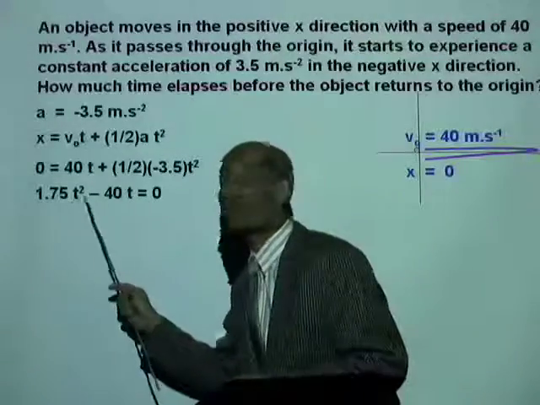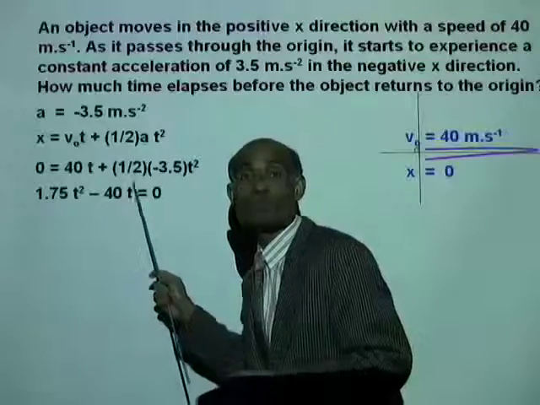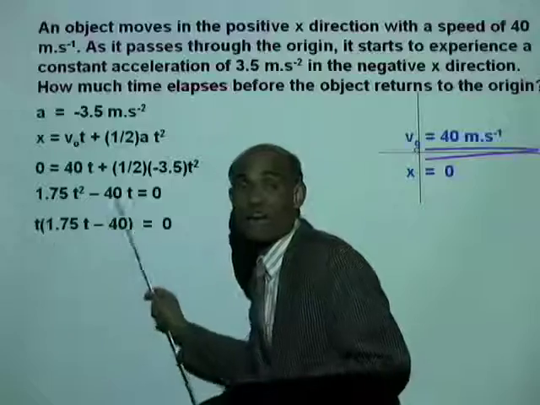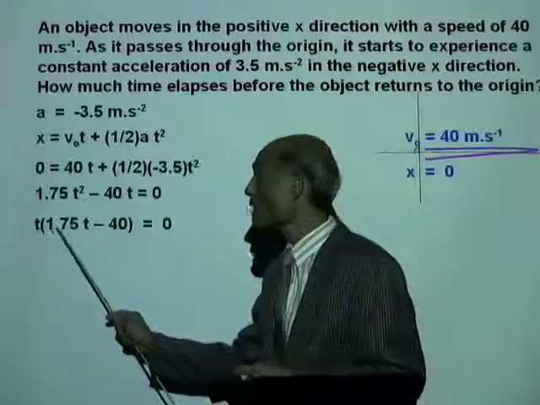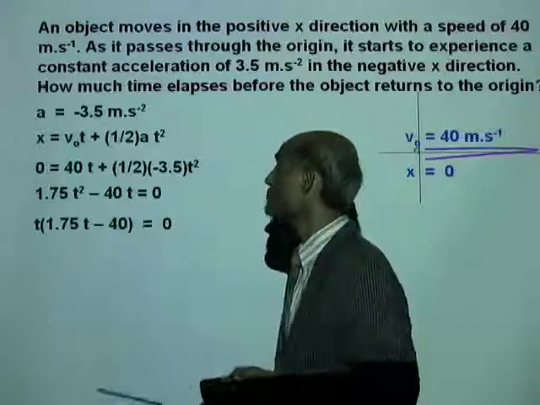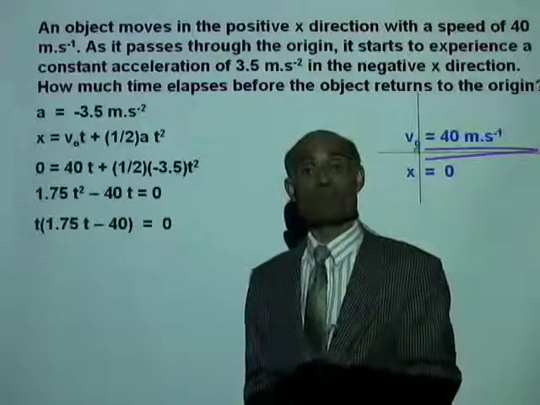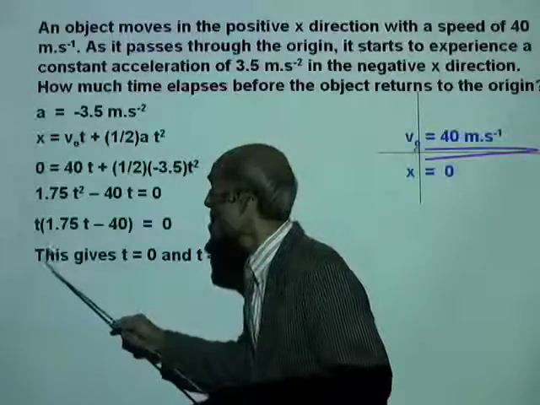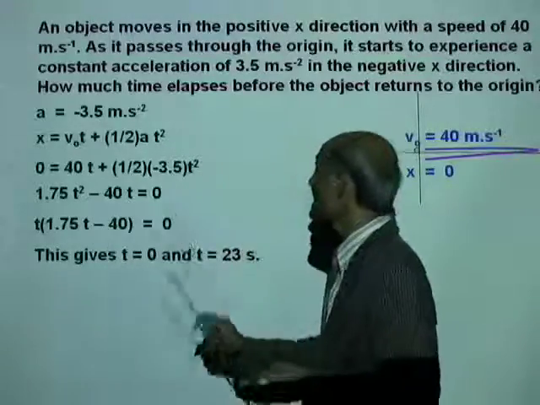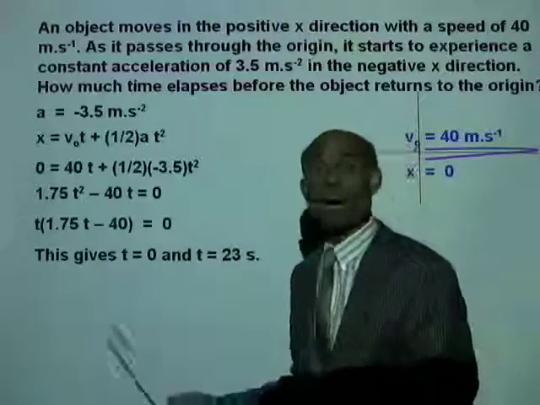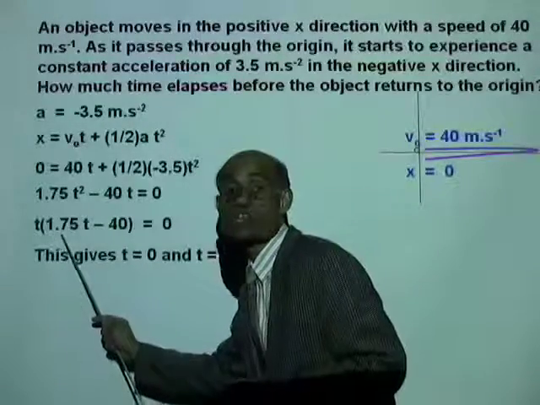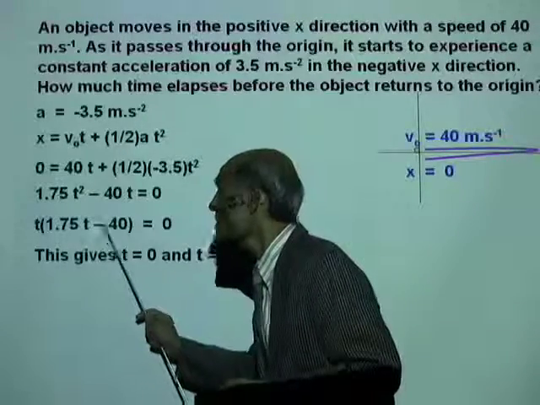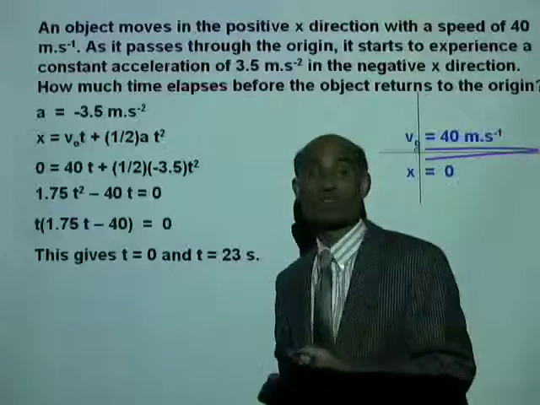Can you solve this equation for t? All you need to do is factor out a t. So t factored out, t times (1.75t minus 40) equal to 0. And now you set each factor to 0. That means one value of t is t equal to 0. And the other value of t is obtained by setting this factor, 1.75t minus 40, equal to 0.